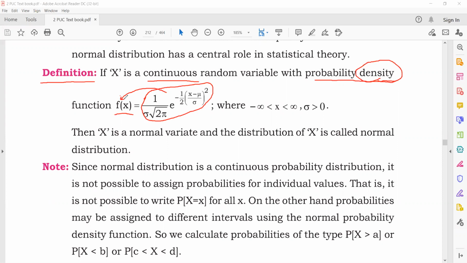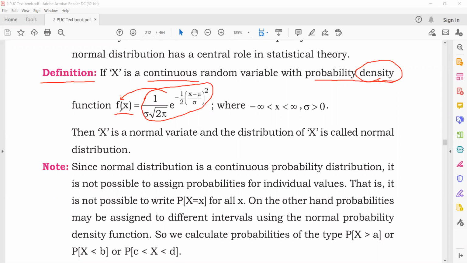There is nothing wrong if you use p of x here and f of x there in binomial and Poisson. Notations don't give you the definition. The definition is important. Whether you use f of x or p of x, it doesn't matter. But you should know what you mean by f of x in a continuous case, what you mean by f of x in a discrete case.